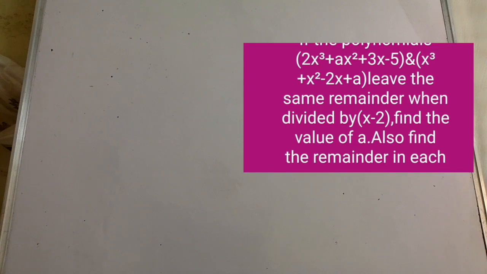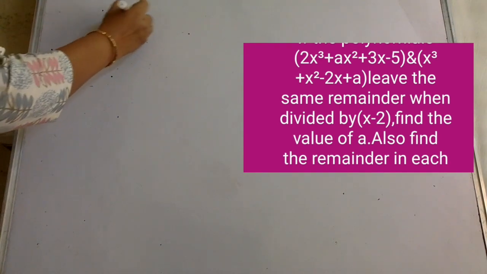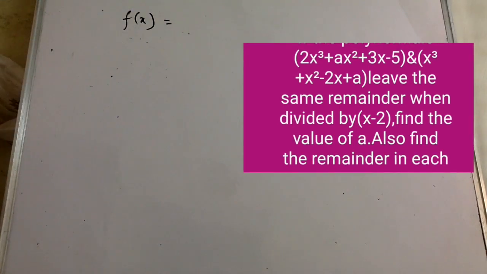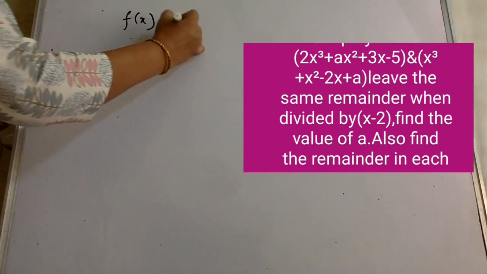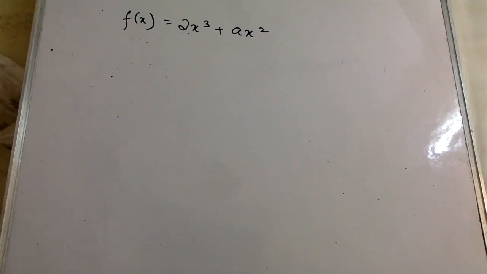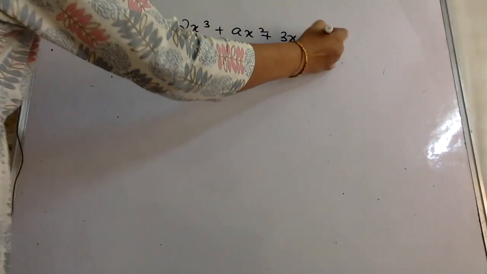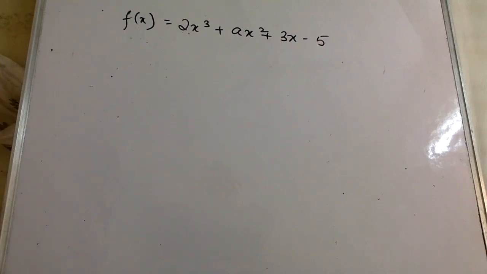So we'll name one of them f(x) and the other g(x). Let one of the polynomials be f(x), and that is 2x cube plus ax square plus 3x minus 5. That is one of them. The other one, let me name it g(x).